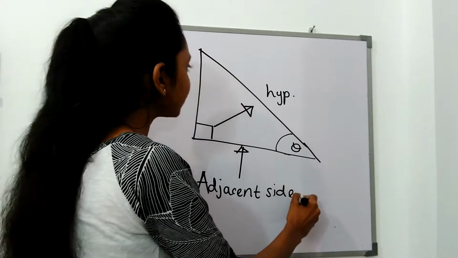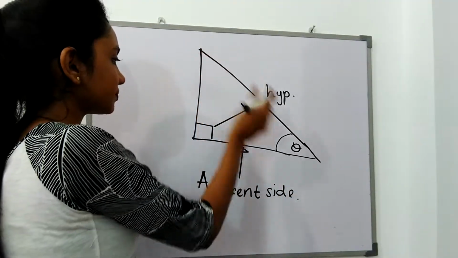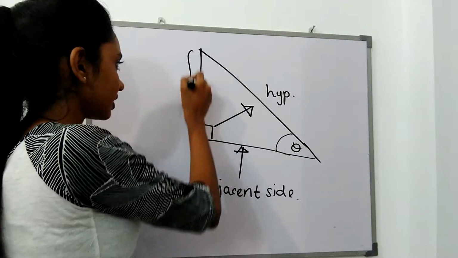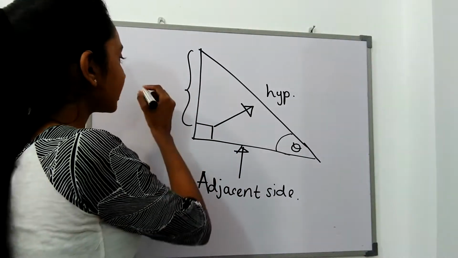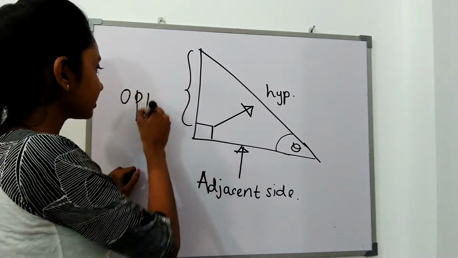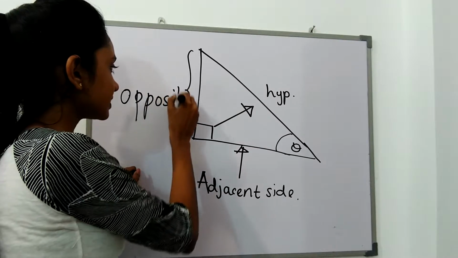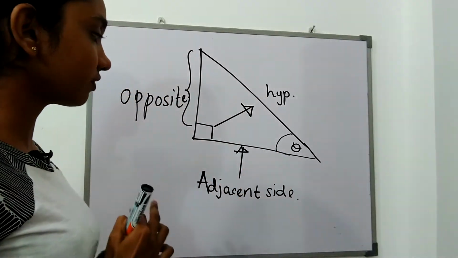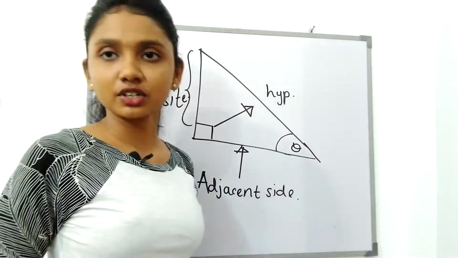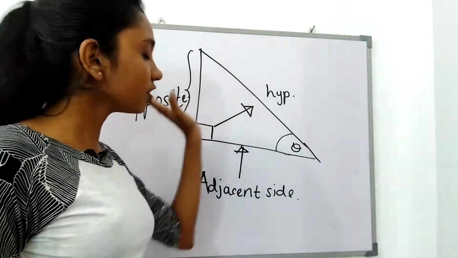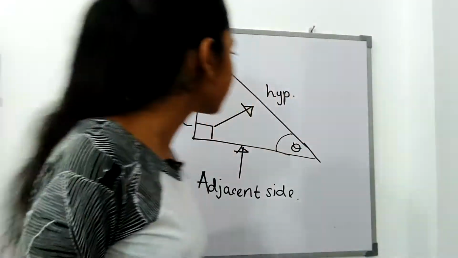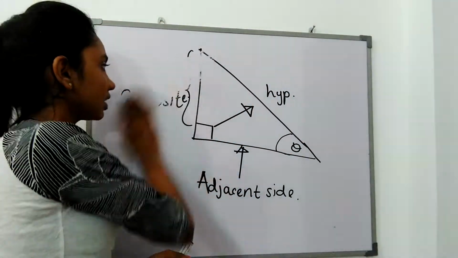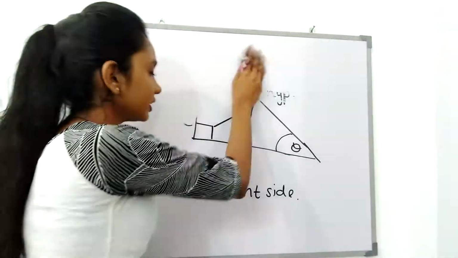If we consider this angle, this particular side we are naming as the opposite side. So trigonometric ratios go with the combination of the lengths of these sides.